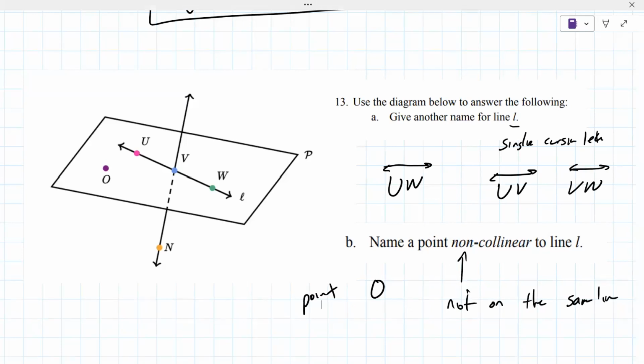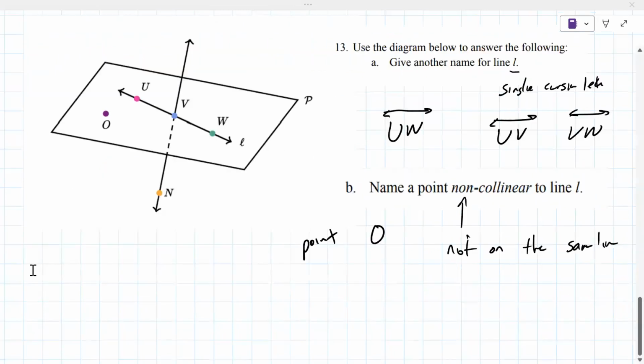All right, and then the next thing here is the intersection of NV and plane P. So that would also be UW.